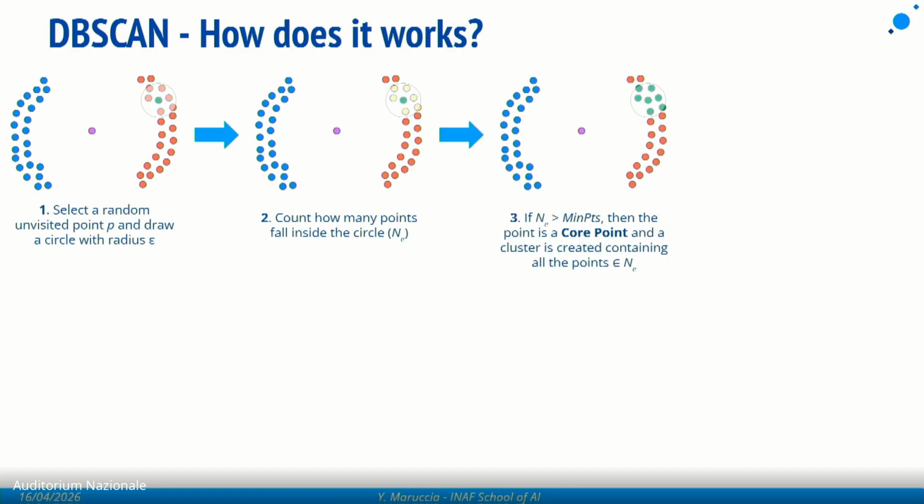It asks itself whether the points within the radius are at least the min points that we, the data scientists, are giving to the algorithm. And then it colors all the data. These are points within the radius. They are enough, so this could be a first cluster.